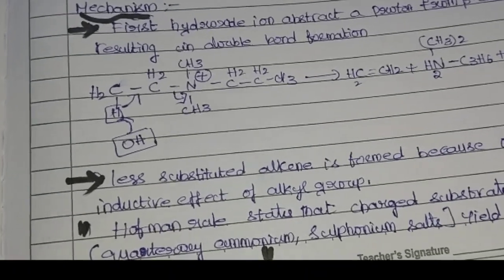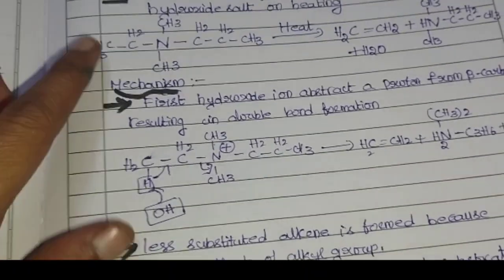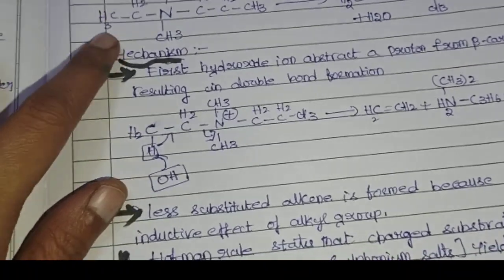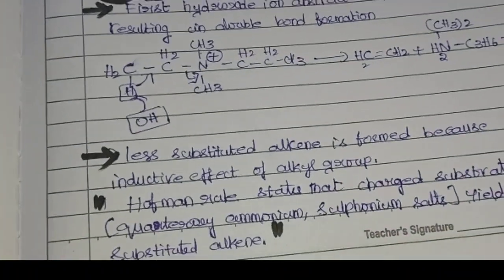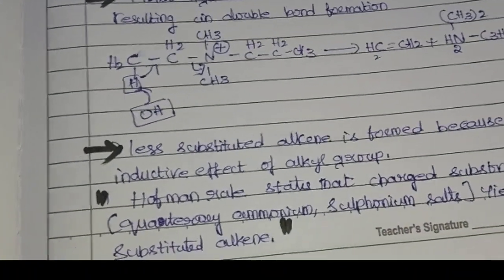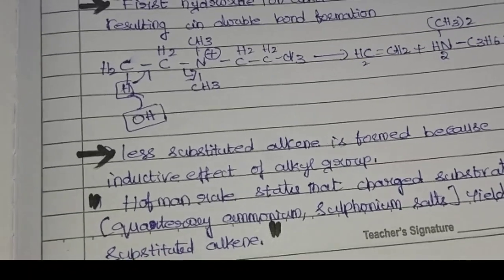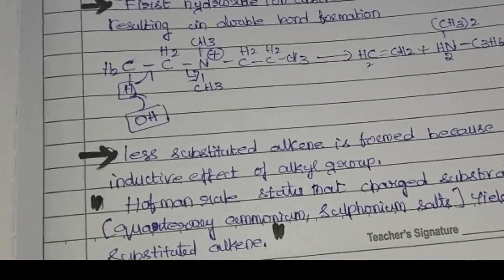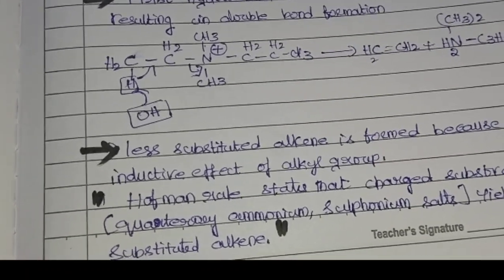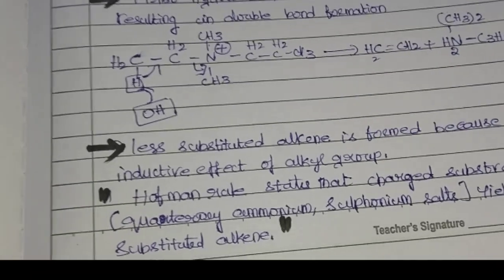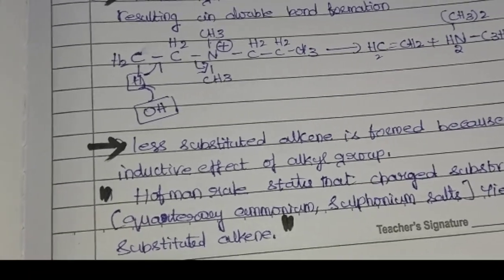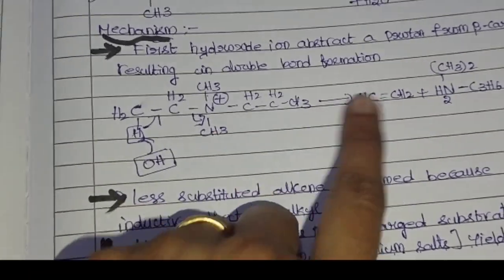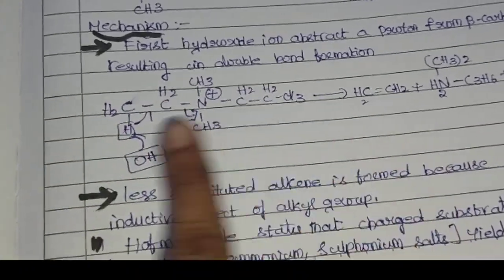Because of the inductive effect of the alkyl group. So we can say that Hofmann's rule states that charged substrates like quaternary ammonium or sulfonium salts will yield the less substituted alkene. So this is a less substituted alkene.